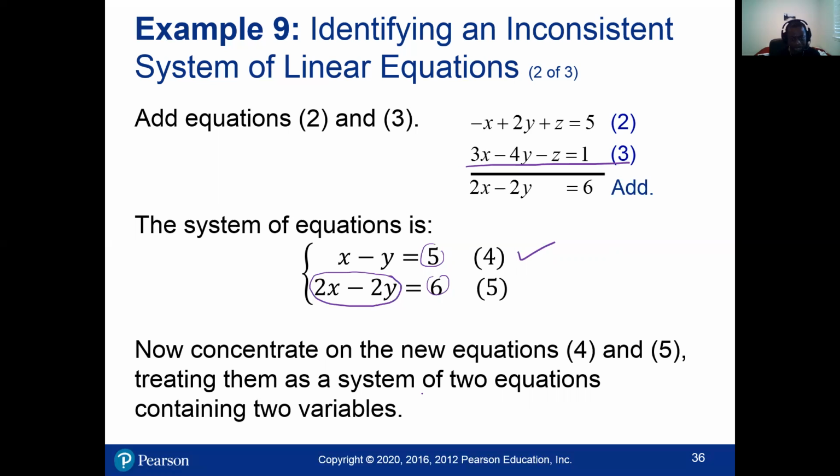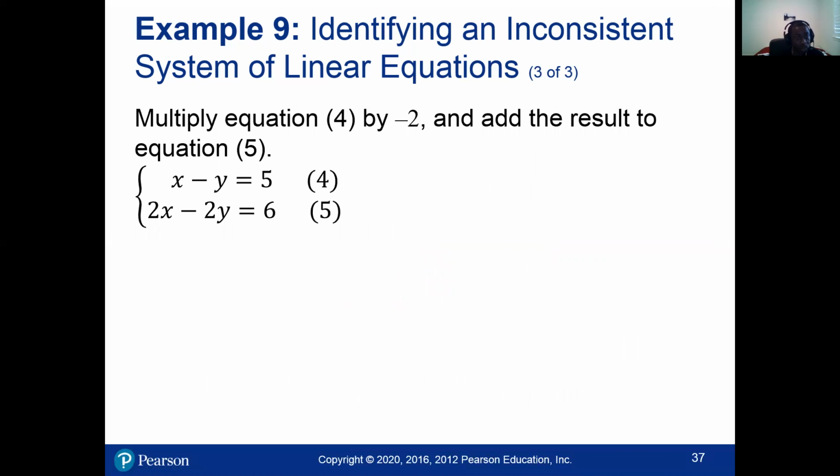Now we're going to treat this as two equations containing two variables. So how do I first of all solve for this? Well, we're going to multiply equation 4 by -2. If you multiply this by -2, you have -2x plus 2y equal to -10.